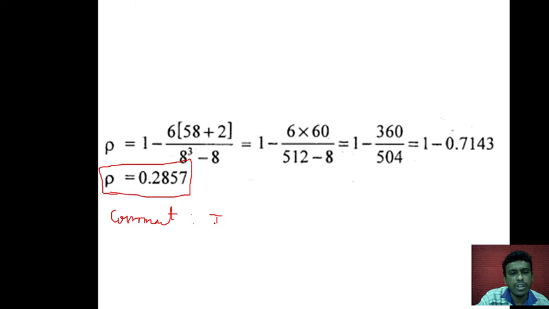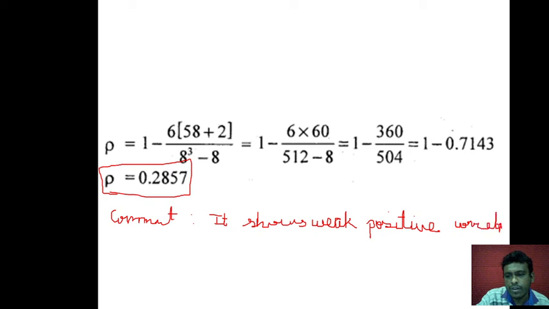So correlation, it shows weak positive correlation. I hope this is clear to you.